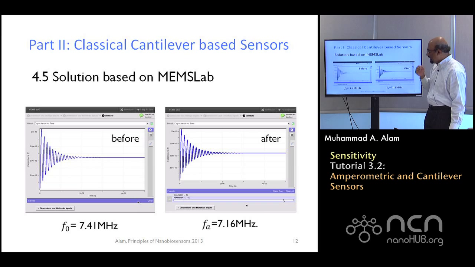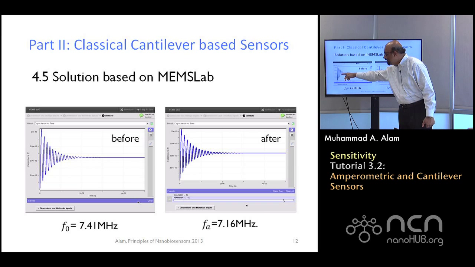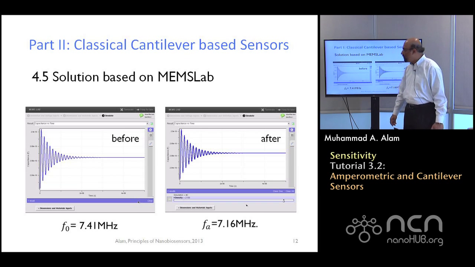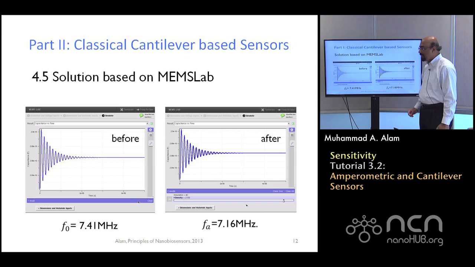And what you will see that you can add the mass. Before adding the mass, you apply a pulse, and then there is this resonance. Let's say the resonance is 7.41 megahertz for this particular problem. And then you add the mass wherever you want. And then, after the mass has been added, the frequency has gone down.